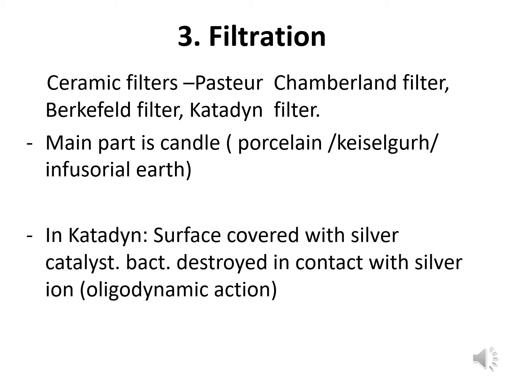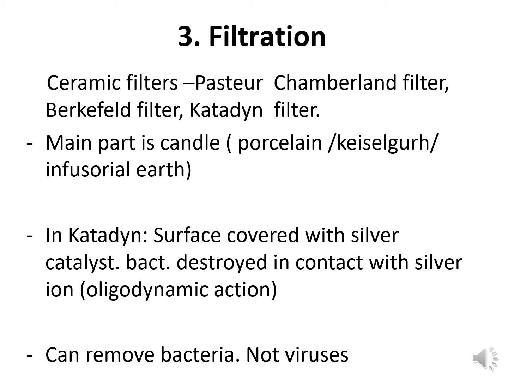In Katadyn filtration, the surface is covered with a silver catalyst. Here, the bacteria are destroyed when they come in contact with silver ions. This method can remove bacteria but not viruses.